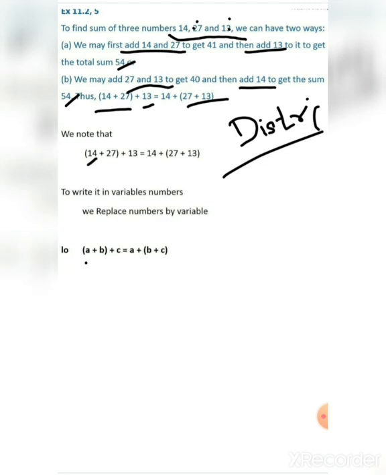Suppose 14 is A, 27 is B, and 13 is C. So A plus B in bracket plus C equals A, which we have kept outside the bracket, plus B plus C, because we are taking these two numbers together. 27 and 13 will go inside, so B plus C. So both these expressions are equal, and that is why this is known as the distributive law of numbers, which is used in arithmetic.